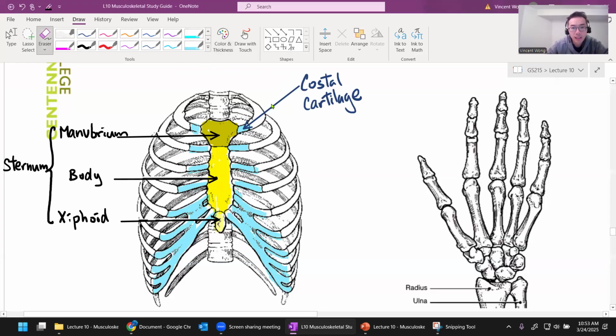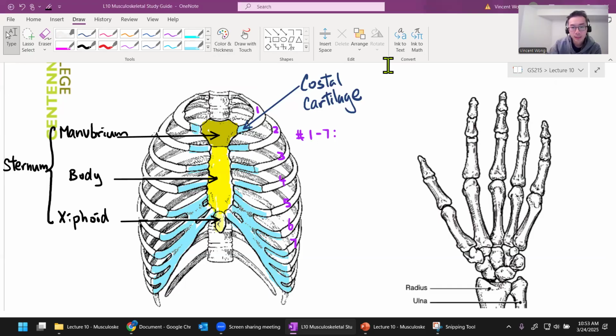And let me label some of these things. 1, 2, 3, 4, 5, 6, and 7. What do we call number 1 to 7? What kind of ribs are they?